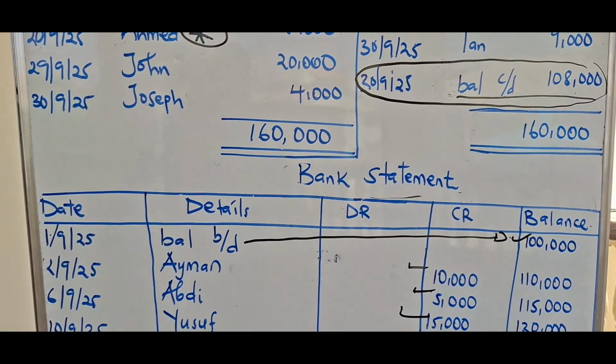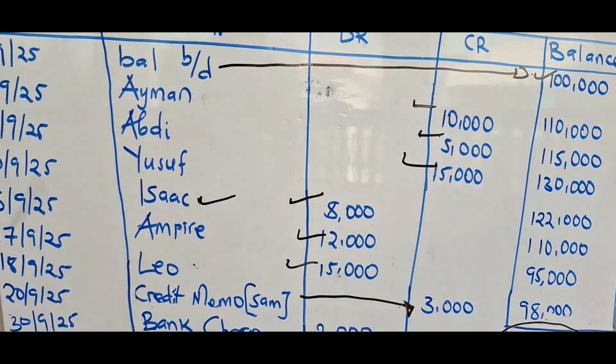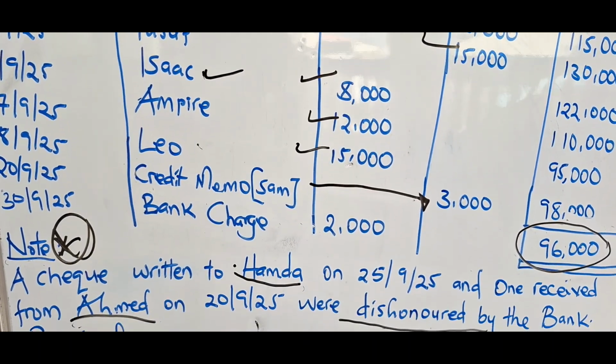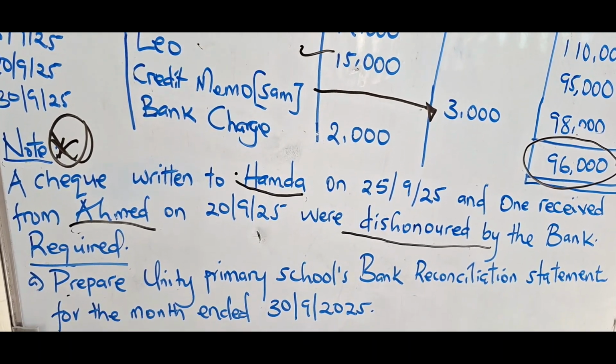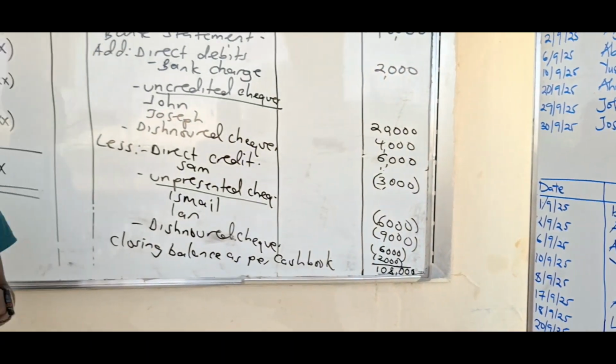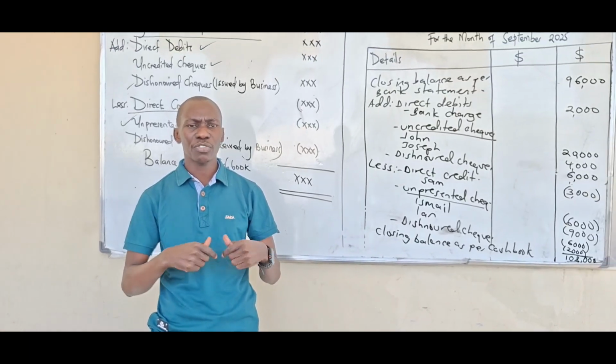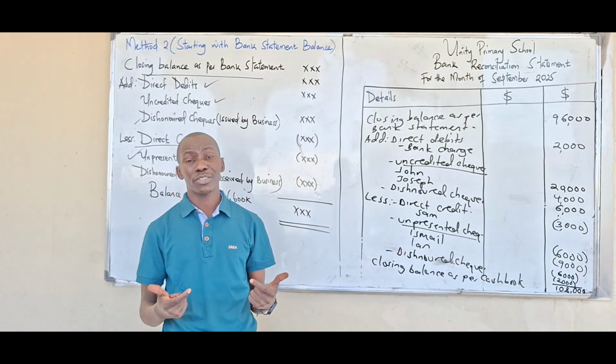Then it will help you to know why they are not balancing, and you work towards achieving the balance for those two statements. Hope you can see that preparing the bank reconciliation becomes very simple if you master the concept, if you understand why we are doing bank reconciliation.